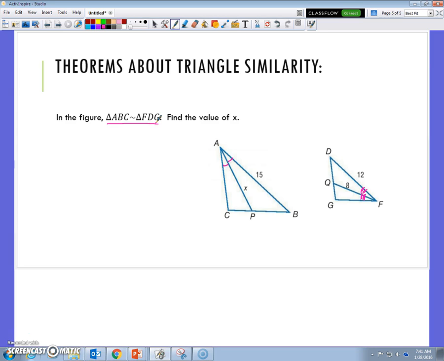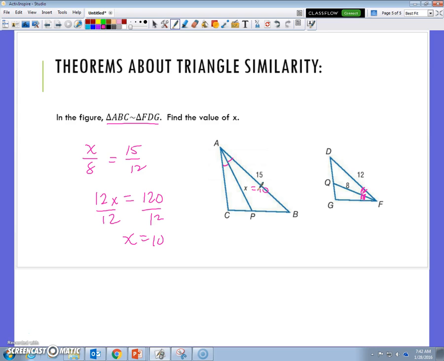Okay, so I know that the ratio of the angle bisectors is the same as the ratio of the corresponding sides of the similar triangles. So what I'm going to say is, in this case, x over 8 equals 15 over 12. So my proportion, 12x equals, 15 times 4 is 60, so that must be 120. X equals 10. And so I've found the length here. X equals 10. All right.